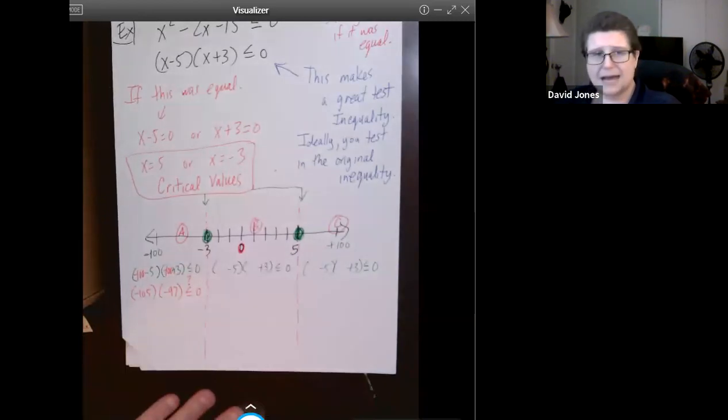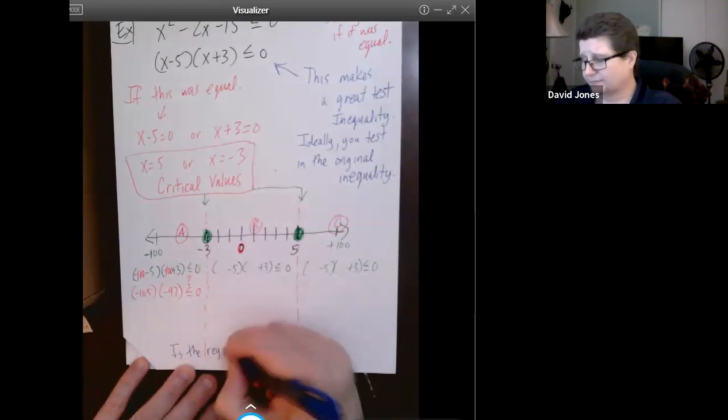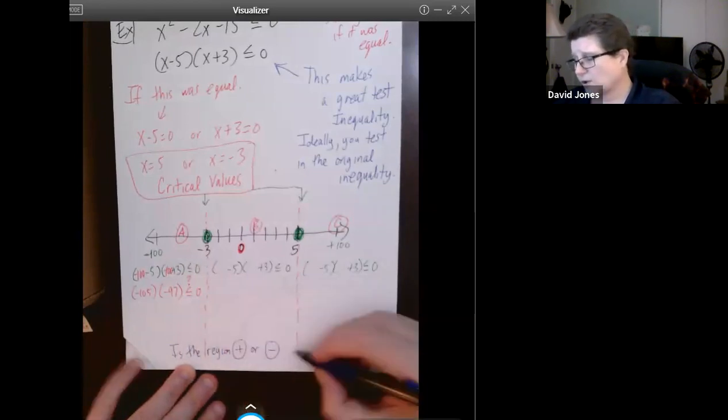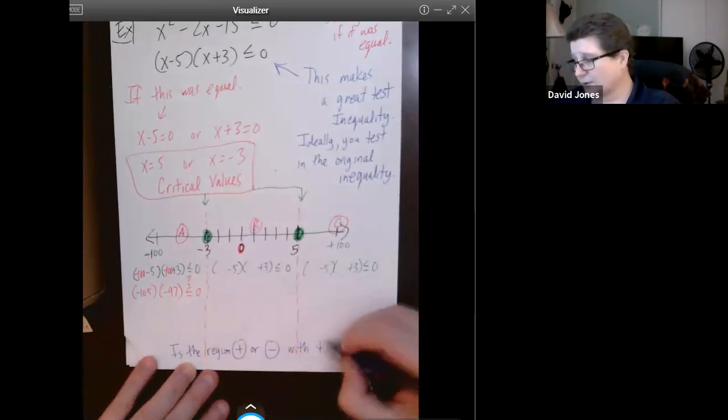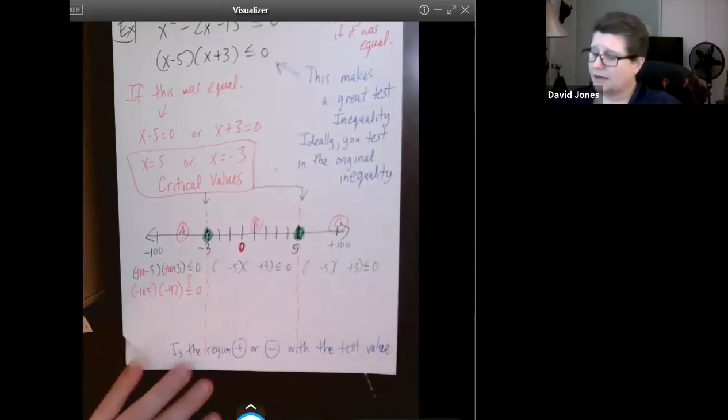All that really matters is whether the region is positive or negative with the test value. It doesn't matter how much it's less than 0 as long as it's less than 0.